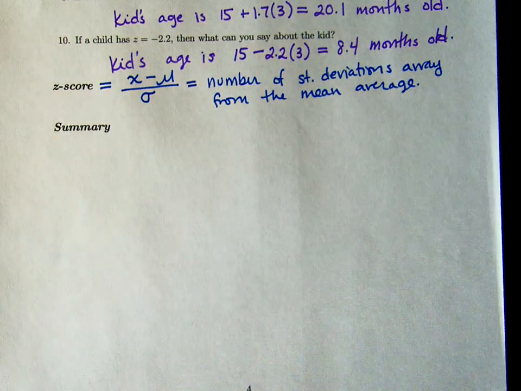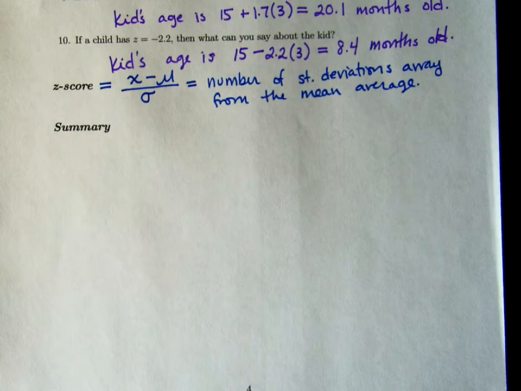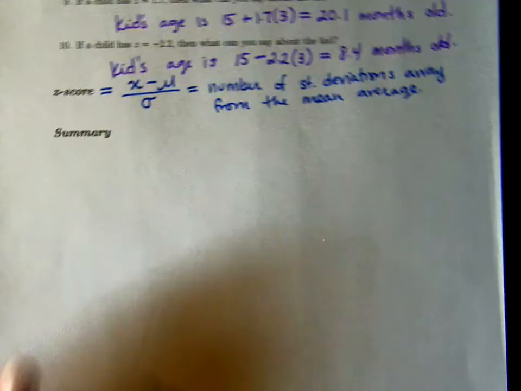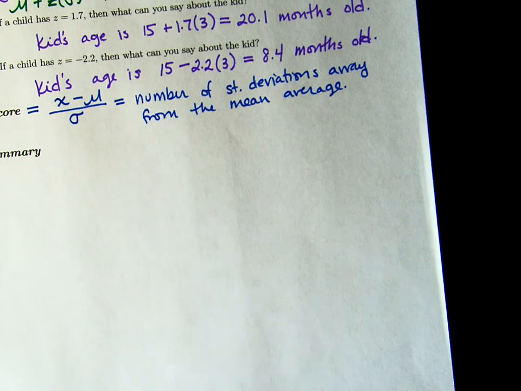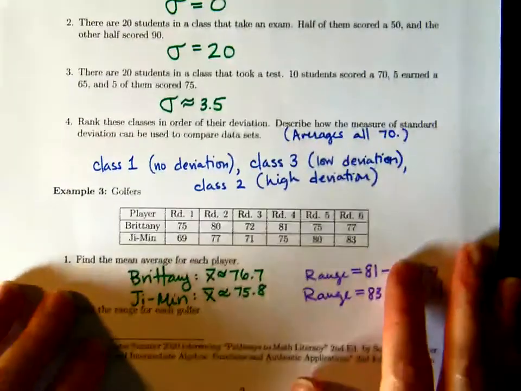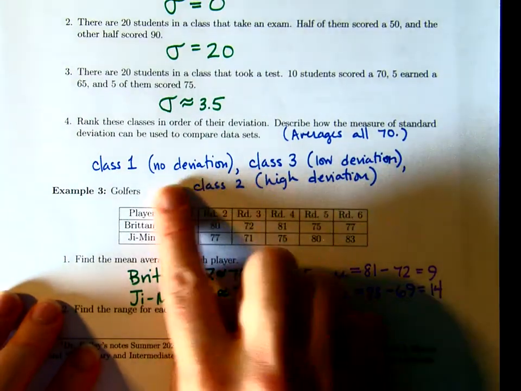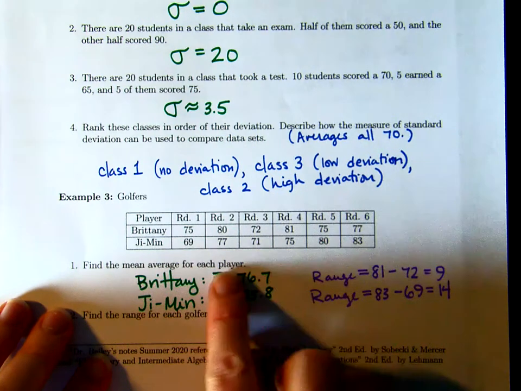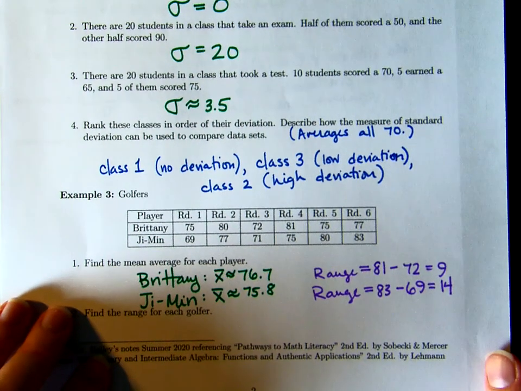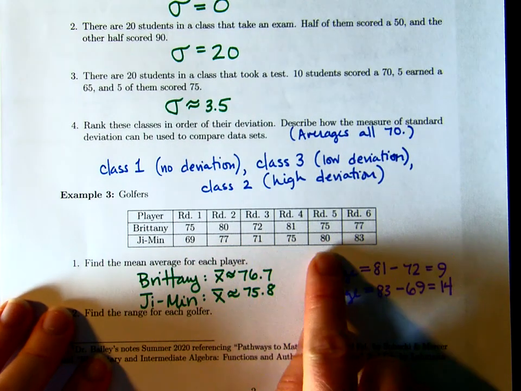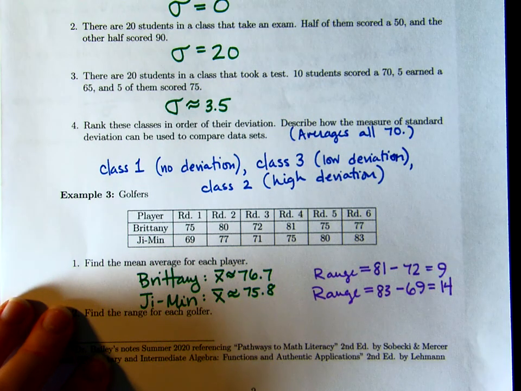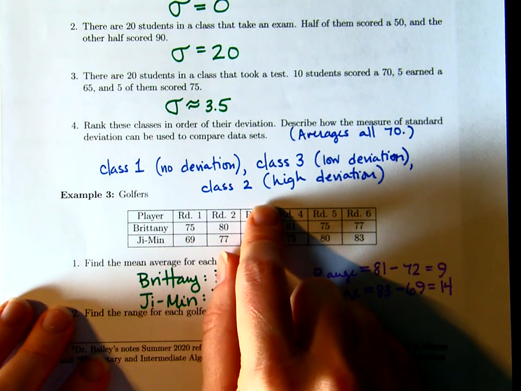However, we also use those to think about consistency. If that standard deviation is talking about class averages or golfers or things of that sort, then we can start to think about who's more consistent or which class is more consistent.